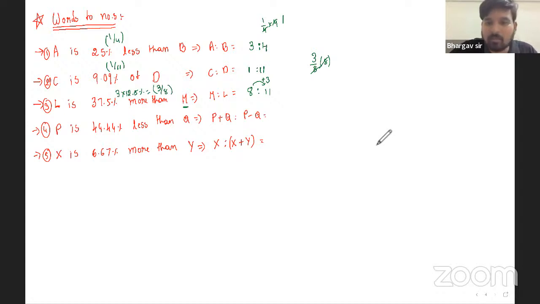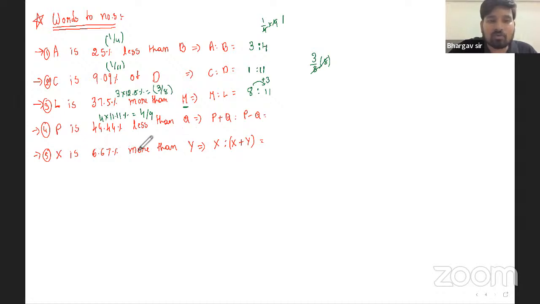37.5% is 3/8, आपको फटाफट याद होना चाहिए, ठीक है। Now P is 44.44% less than Q. 44.44% is 4 into 11.11%, right? 11.11% is 1 by 9, so 4 by 9.